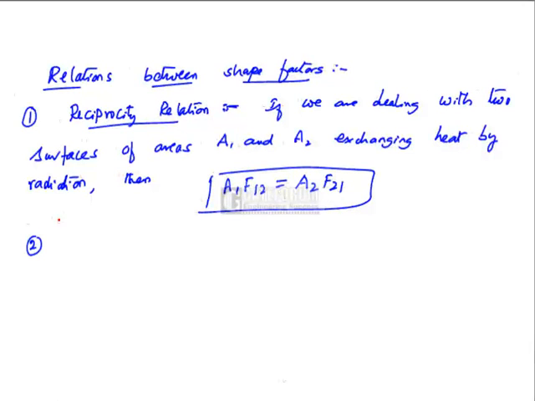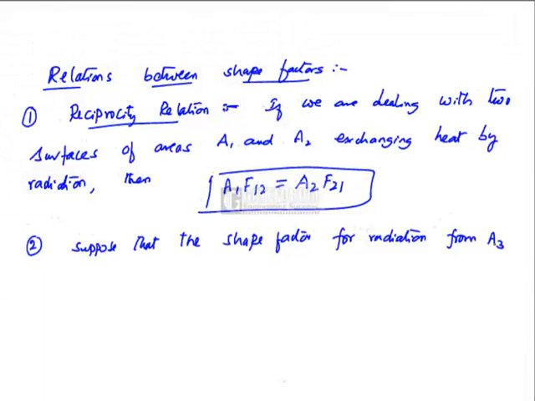Number 2, the second one. Suppose that the shape factor for radiation from A3 to the combined area A12 is to be calculated, as shown in the figure.